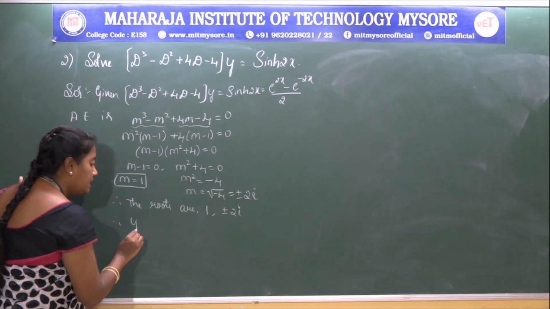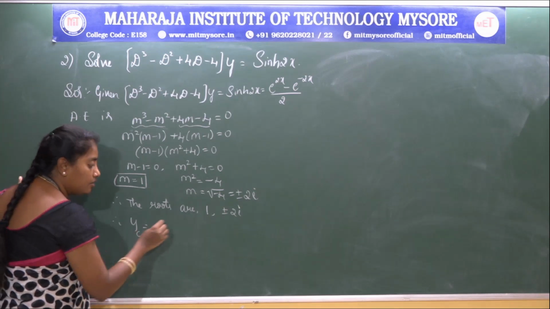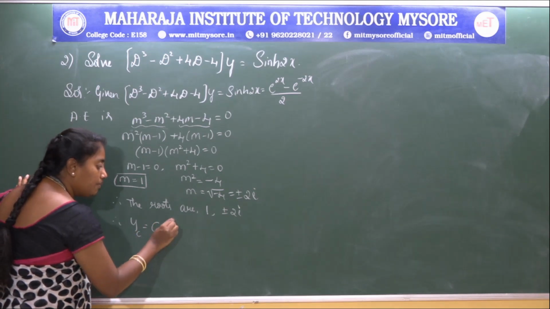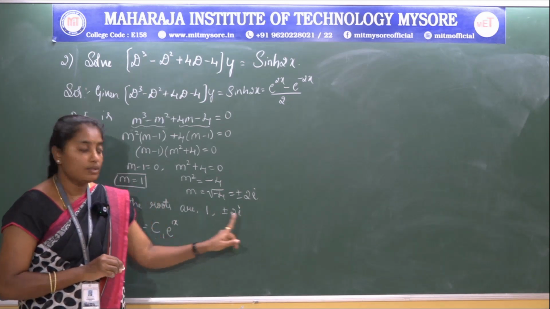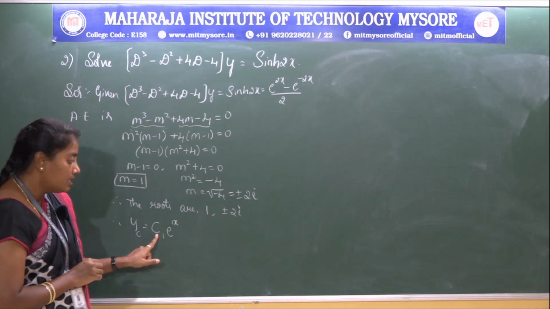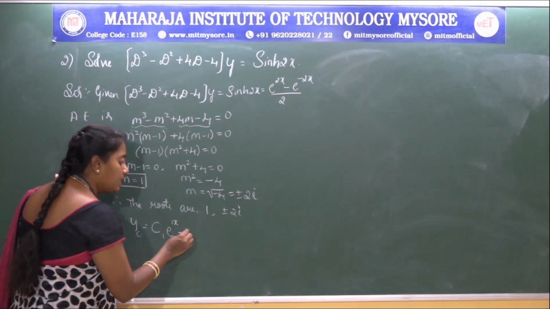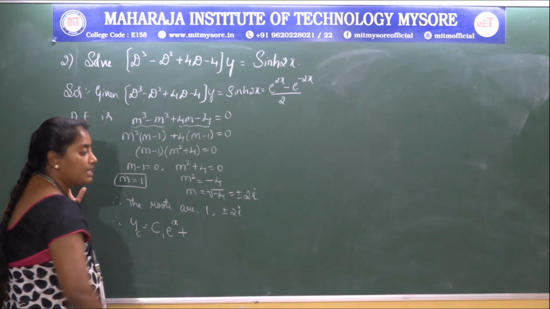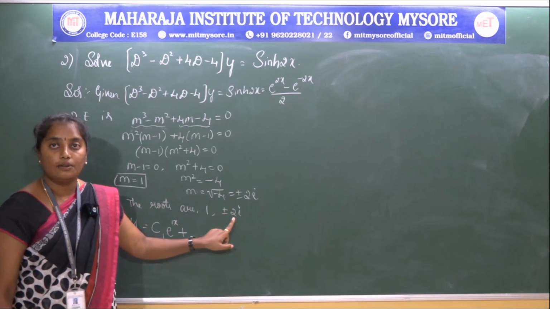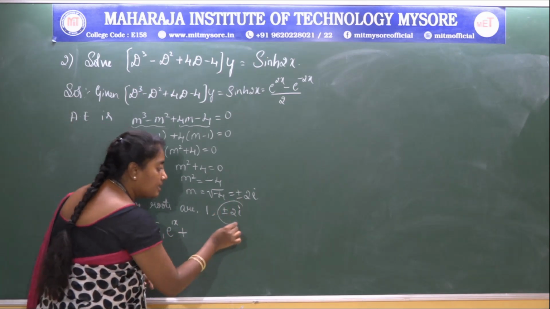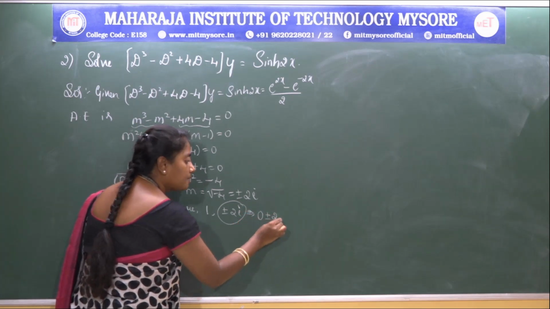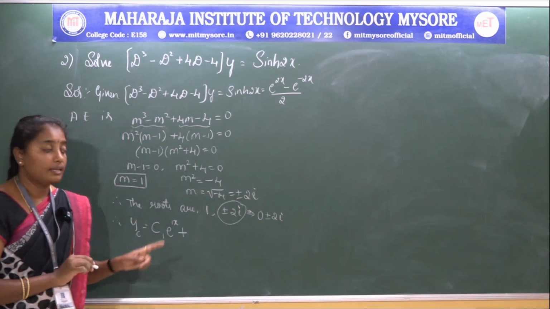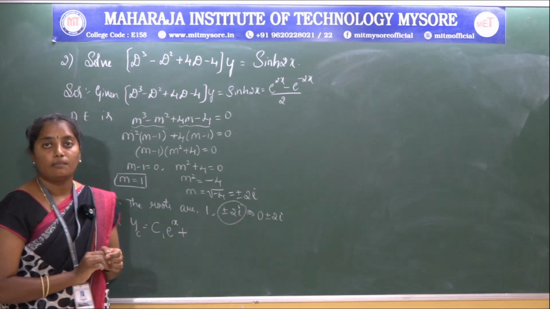Therefore, yc is equal to, for the real root, c1 e to the power of 1x. Since we have 3 roots, we have to select 3 complementary elements. Next, in the complex element, the real term is 0. We can write the roots as 0 plus or minus 2i.